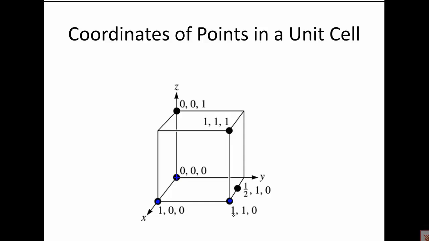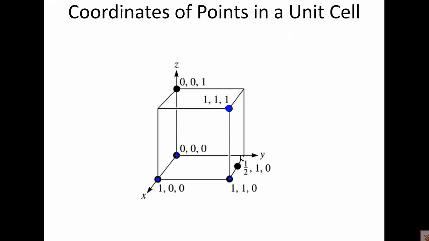Hence, the coordinate is 1, 1, 0. This top corner here represents a displacement of one step in the x direction, one lattice parameter in the y direction, and one lattice parameter in the z direction. Hence, the coordinate of that position is 1, 1, 1.